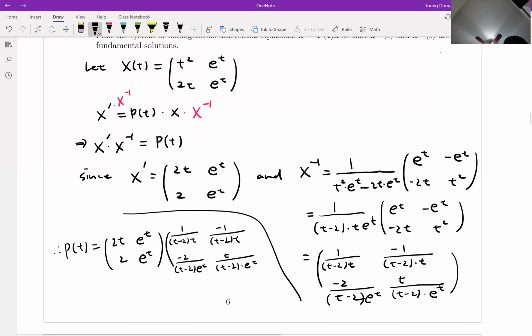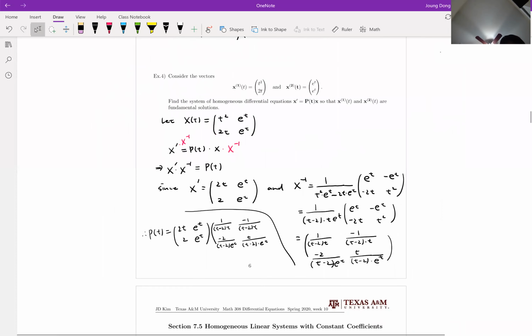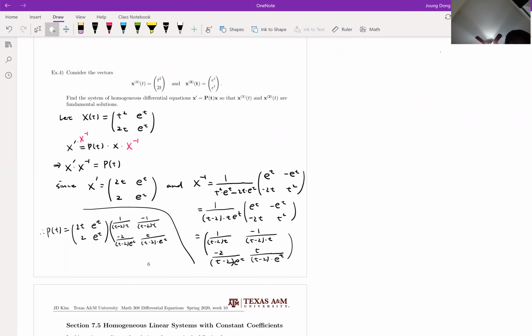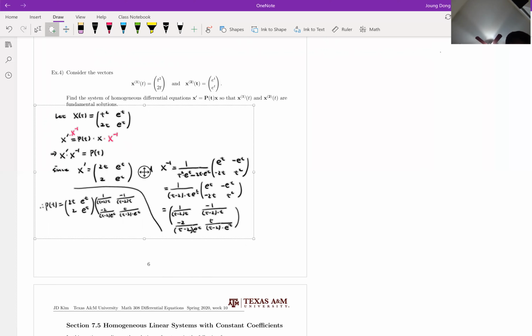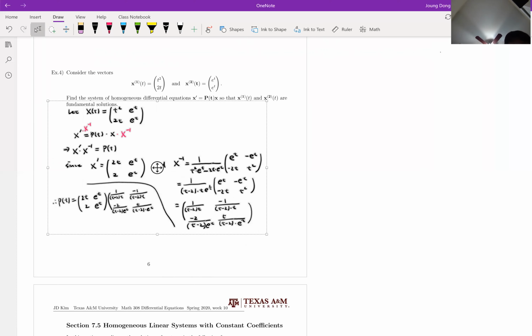Okay, I need more space. Let me make it a little bit smaller. Looks better.